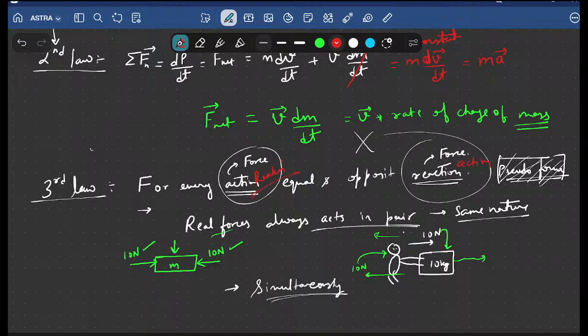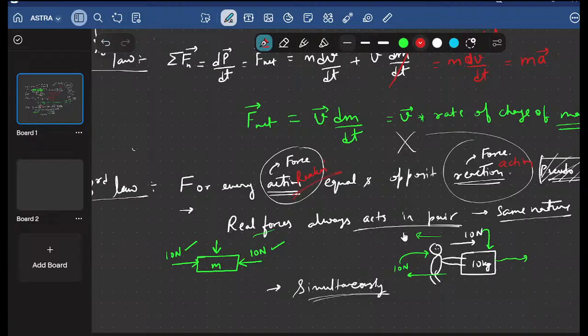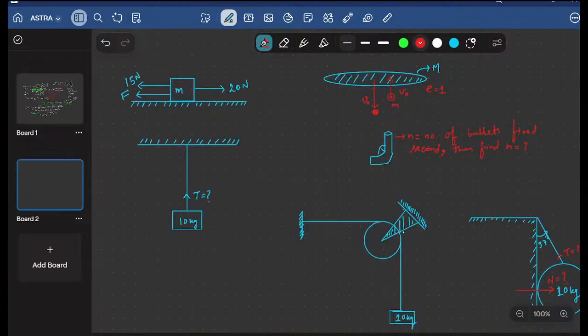Shall we proceed to the numerical part? If you all are comfortable, shall we proceed to the numerical part? Please reply, everyone.